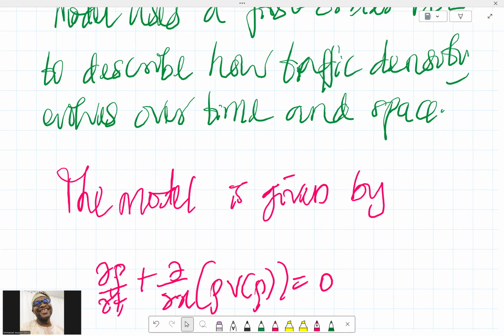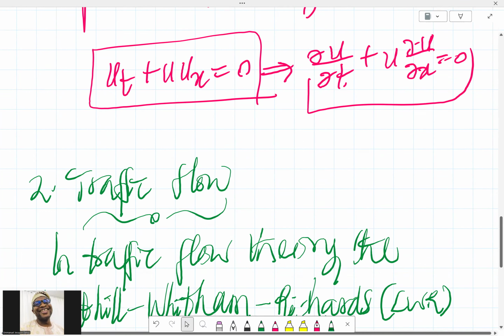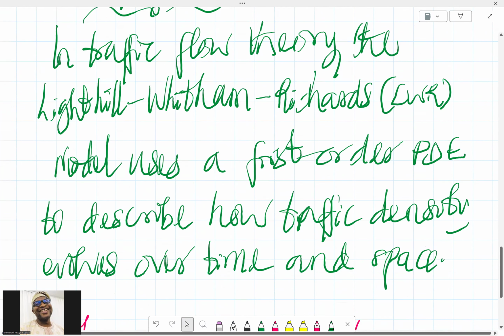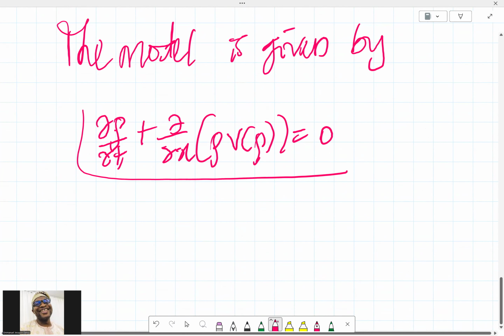So that is the Lighthill-Whitham-Richards traffic model, which is of the same form as the Burgers equation.